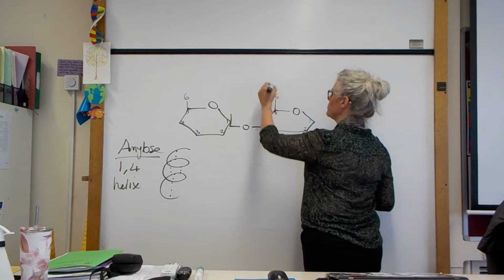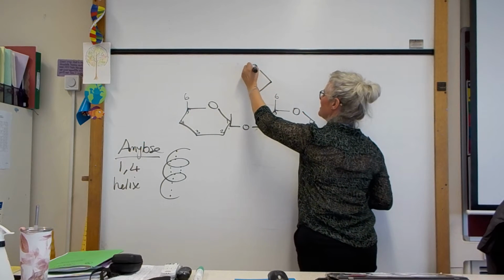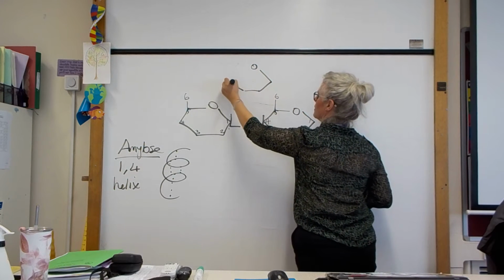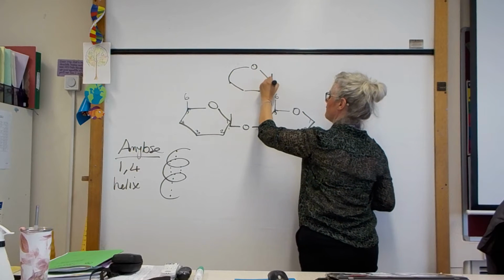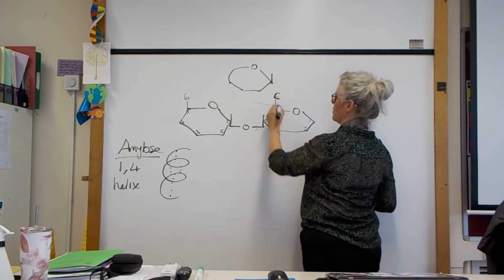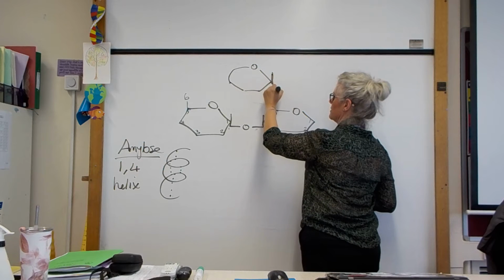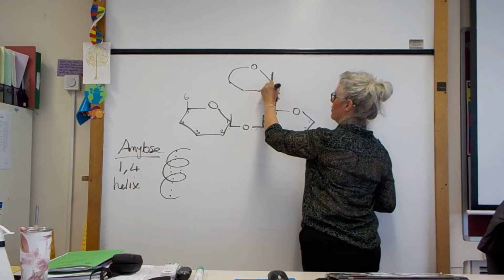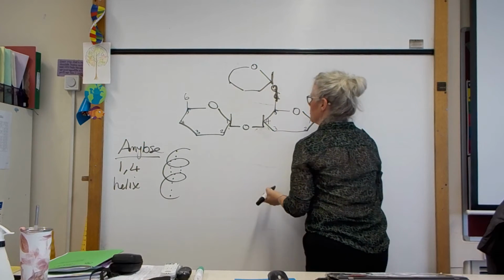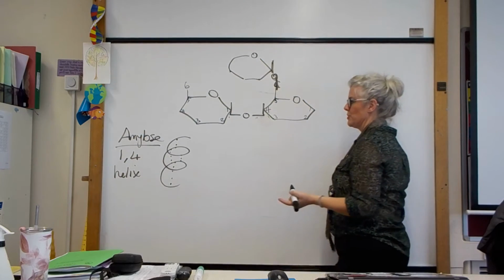Now, in amylopectin, you also get 1,6 bonds. So there's the first carbon, there's the 6th carbon, and so you get a glycosidic bond forming there. Now what that does is it gives you branches.